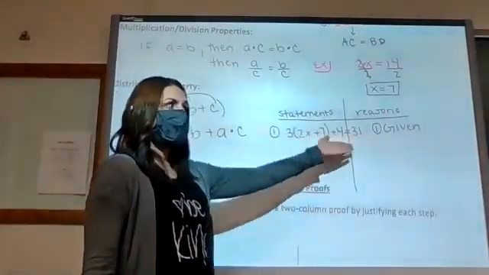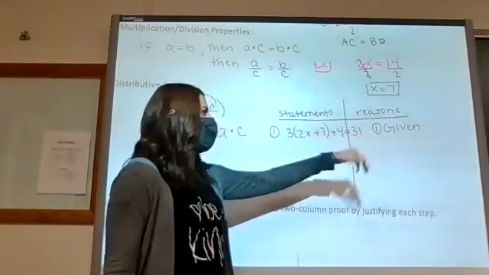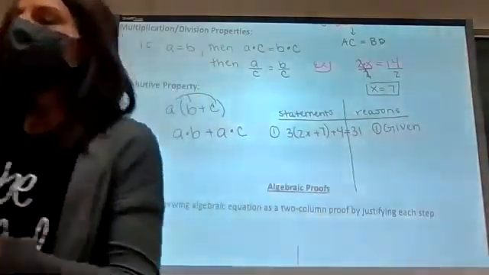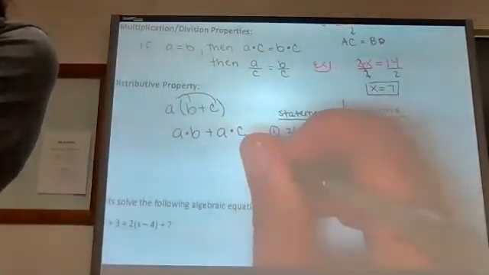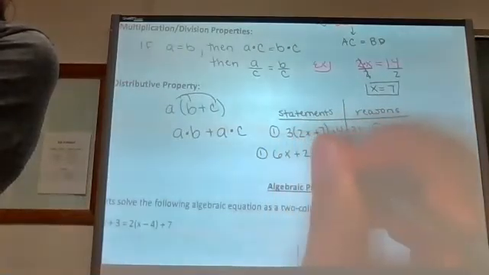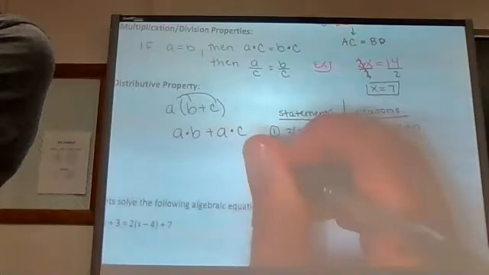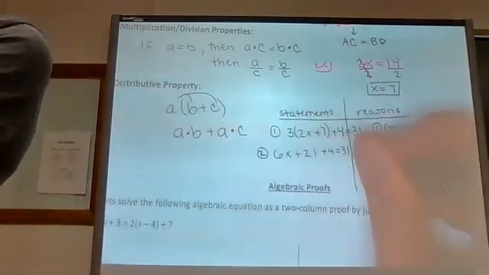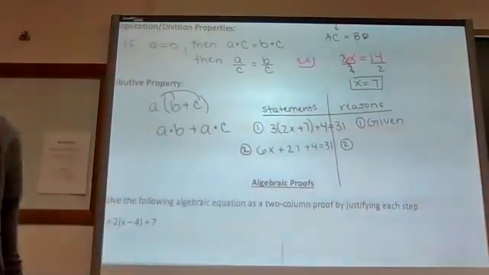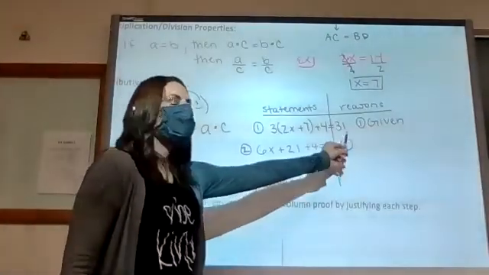So the reason I can state this is because it was given to me. Oops, that's not step 1, that's step 2. The reason that I can state that is the distributive property.